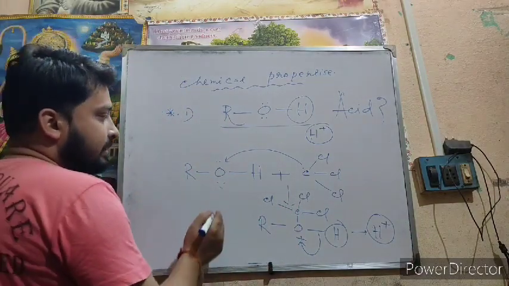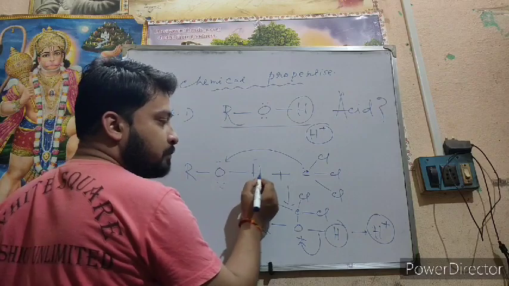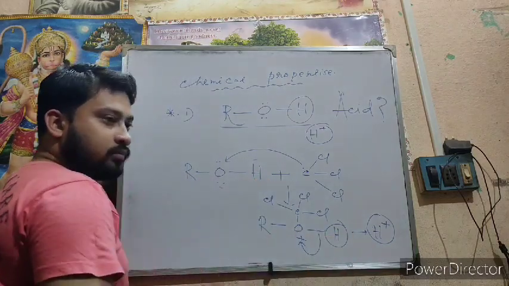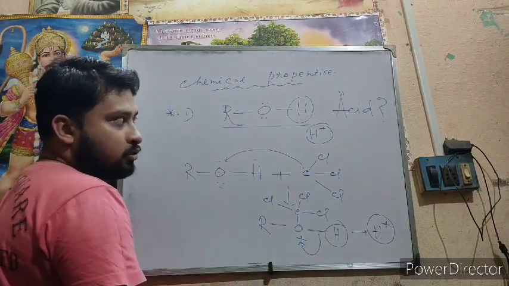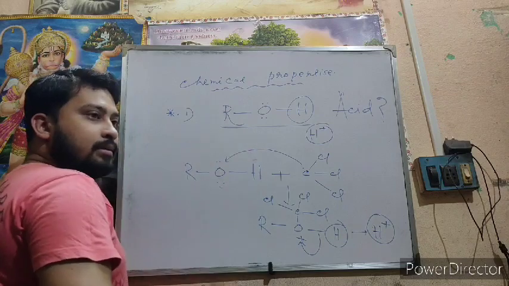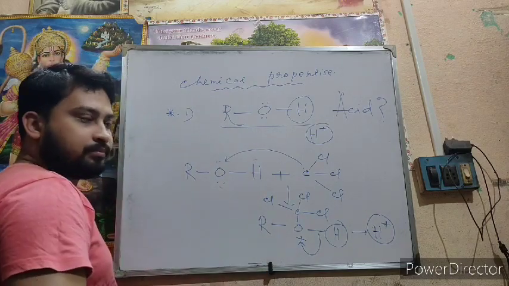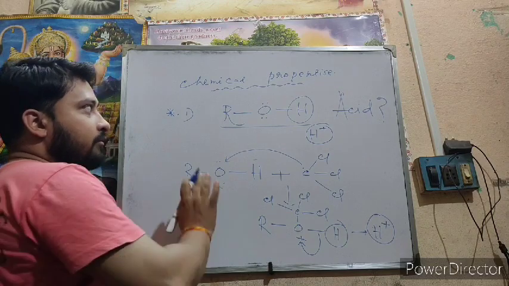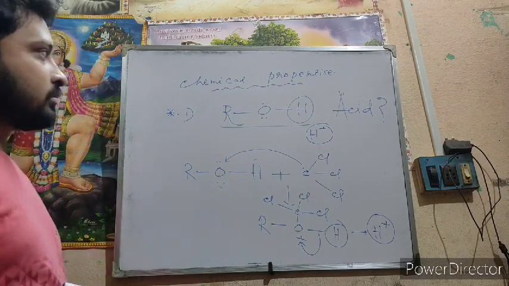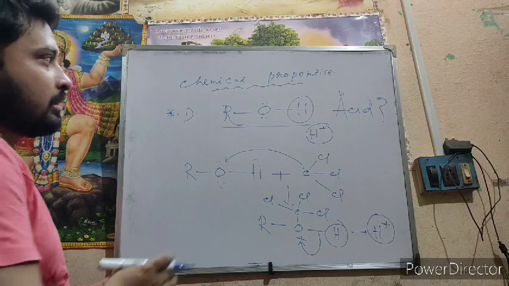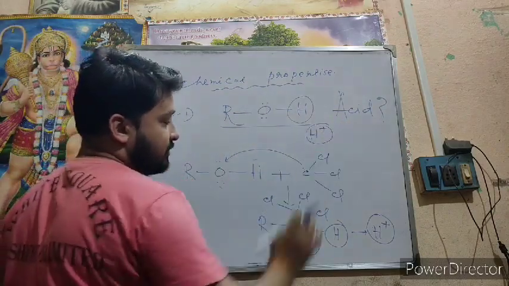So I see that H plus can be given from this compound. So alcohol is slightly acidic, or acid. Okay, the first problem is solved. ROH is an acid.